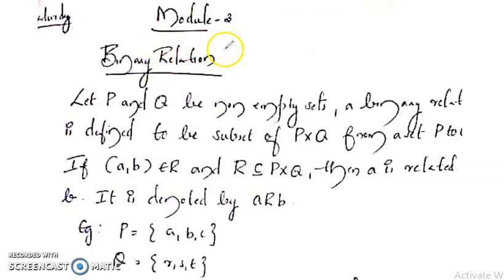Let us start module 3, binary relation. Let P and Q be non-empty sets.